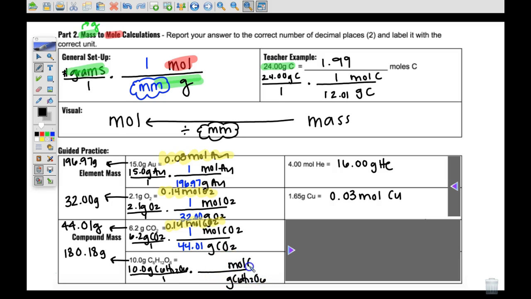My fourth step is to put my new unit on top. And my last step is to place my numbers based on the relationship. So for every 1 mole of glucose, there's 180.18 grams. After doing the division, I determined that I have 0.06 moles of C6H12O6.